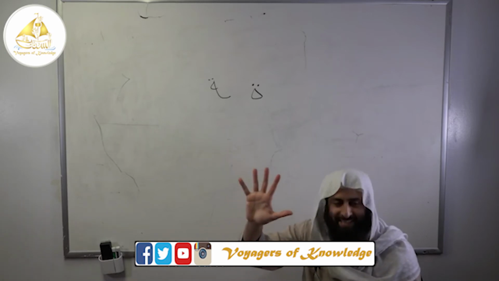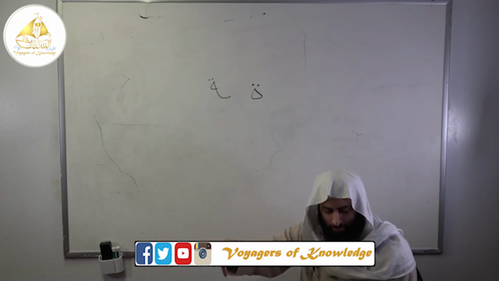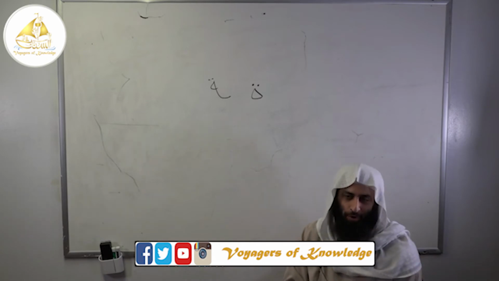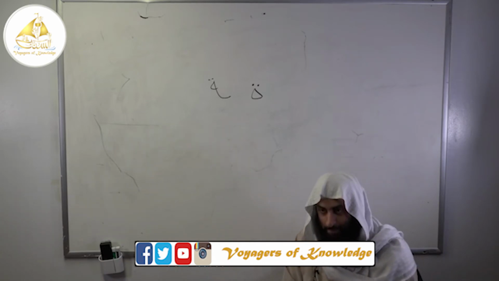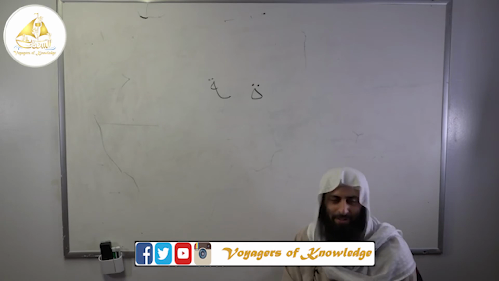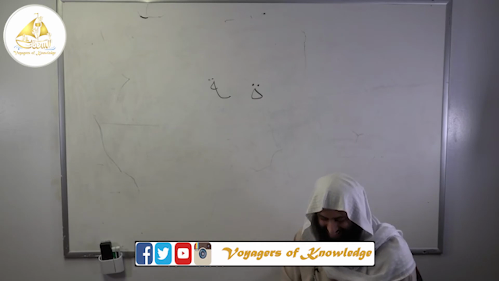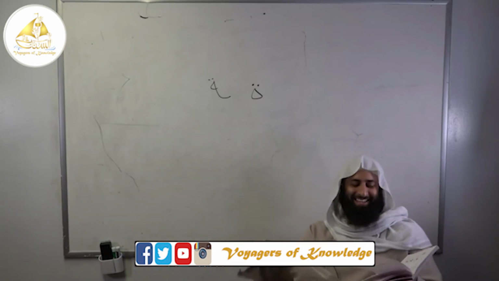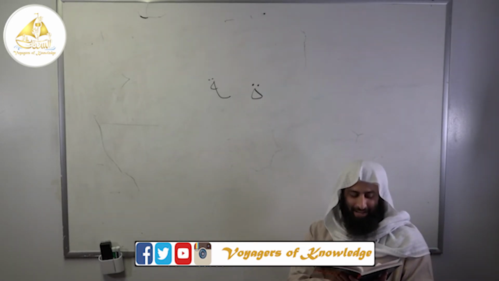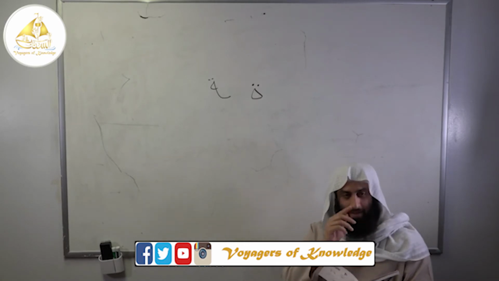The hand is yadun, and the foot is rijlun. The mouth. Nose is anfun. This is mouth. I'm sorry. This is femun. It happens. طيب التمرين, no, we're still going, right?